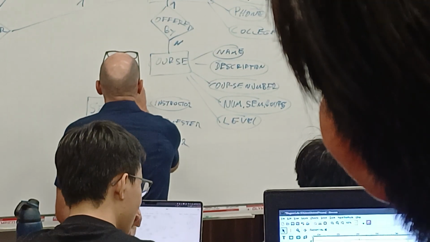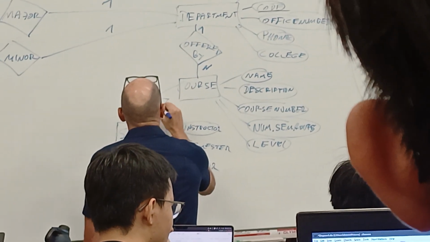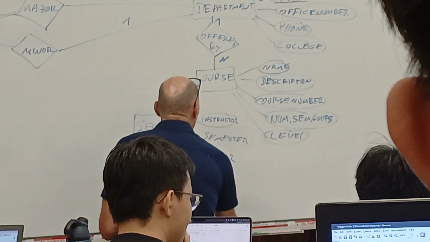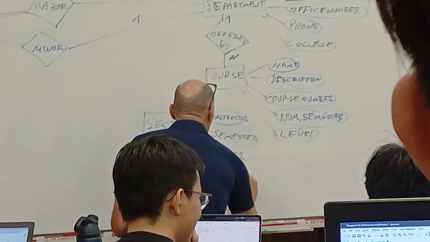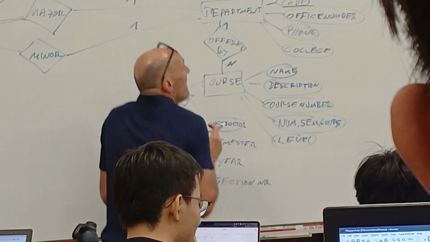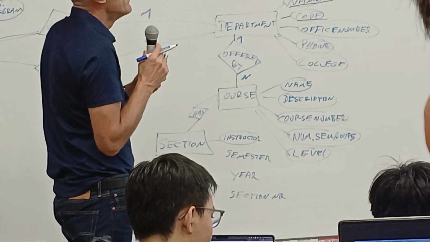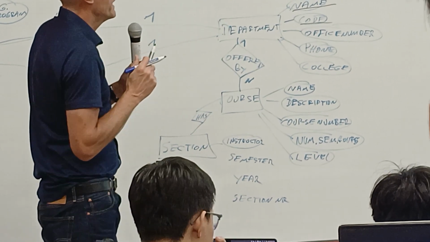Course we have already, so we make it again a relationship here. So we finished the first sentence of number D.